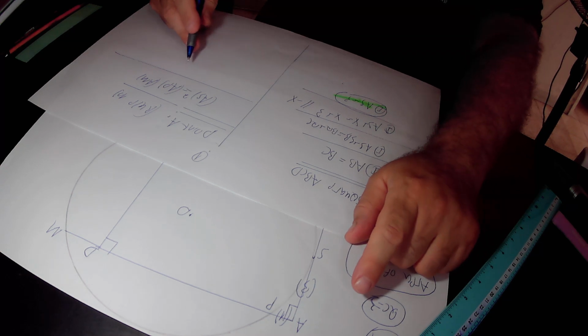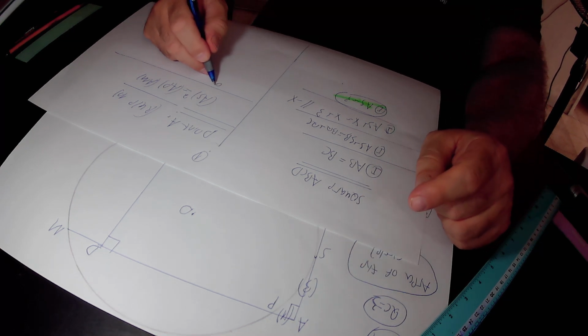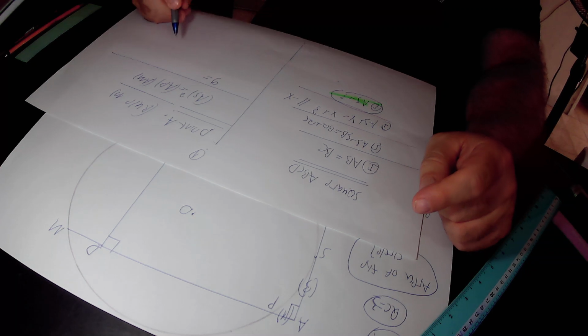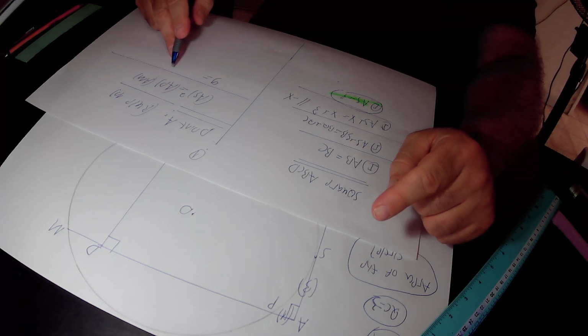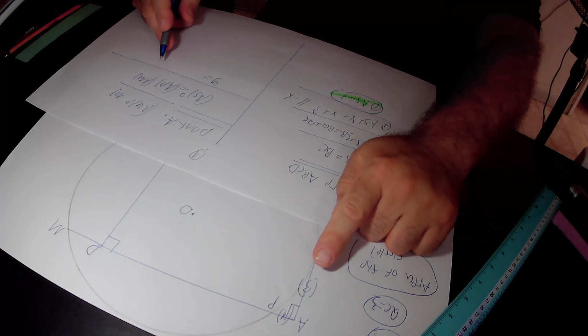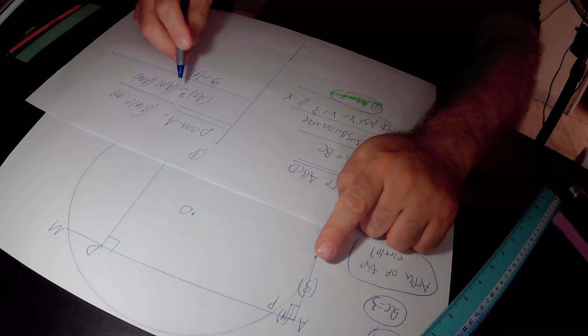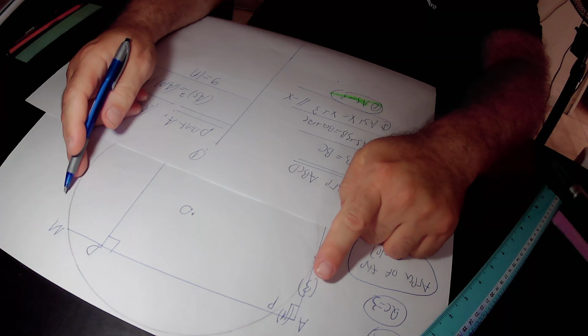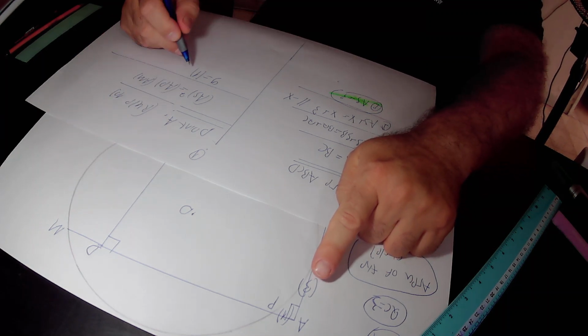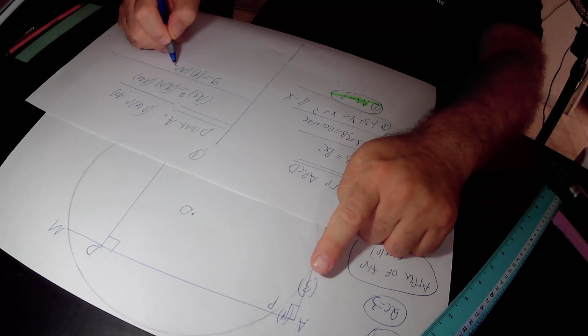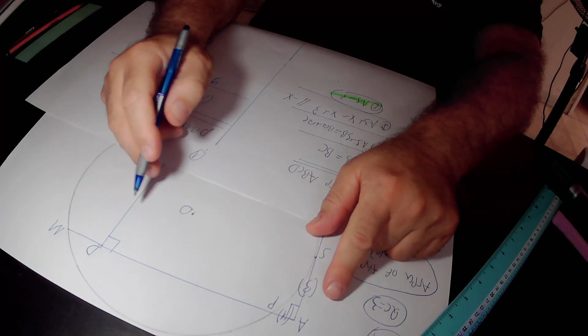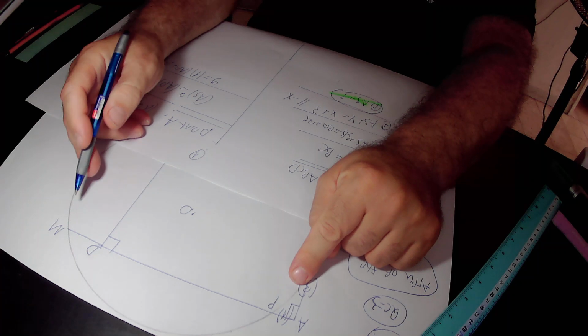AS is 3, therefore AS squared is 3 squared, that is 9. And it equals AP times AM. AP equals 1, according to what is given in the question, times AM. AM in total equals AP plus PM.